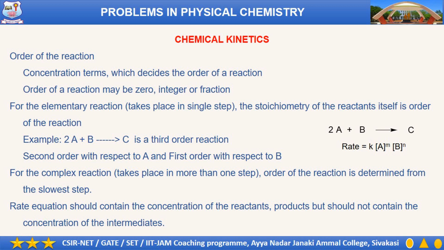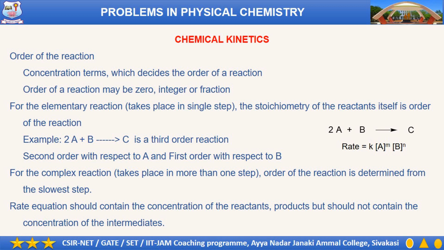You all know it. But if this reaction is a complex reaction, what do you mean by complex reaction? If the reaction takes place in more than one step, then it is called a complex reaction. In such cases, you should determine the order of the reaction in the slowest step among the various steps of the reaction.